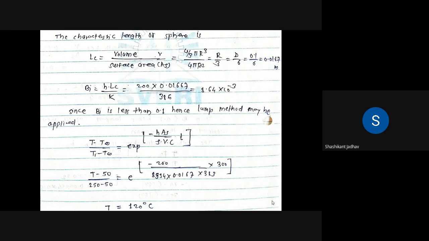Okay. So by using this characteristic length, we have to calculate the Biot number. What is the standard formula for the Biot number? h Lc by k.